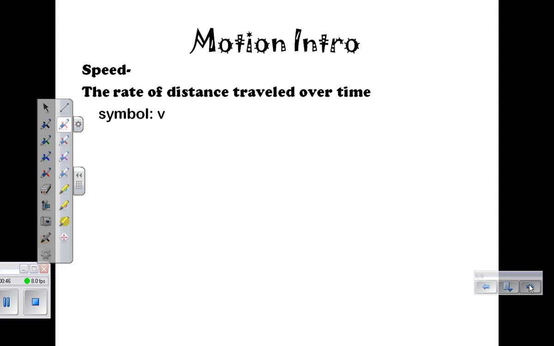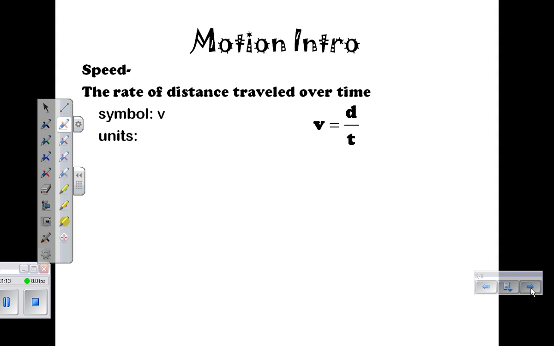The symbol for speed is lowercase v. So, another handy little equation here. Speed is the rate, which you saw earlier today, like a ratio or a fraction of distance over time.